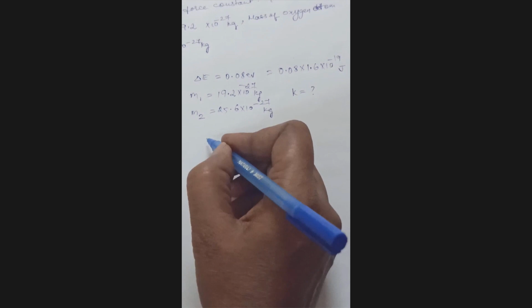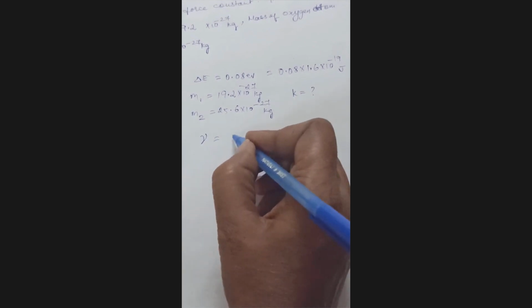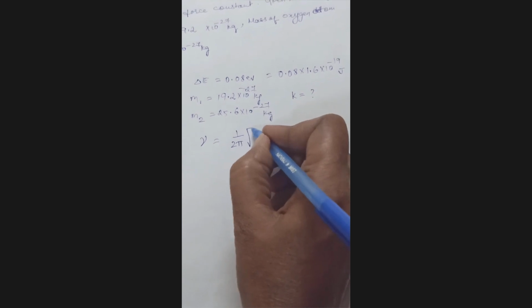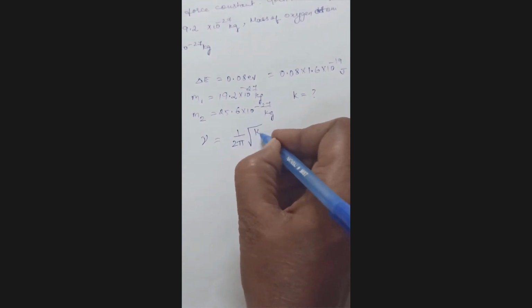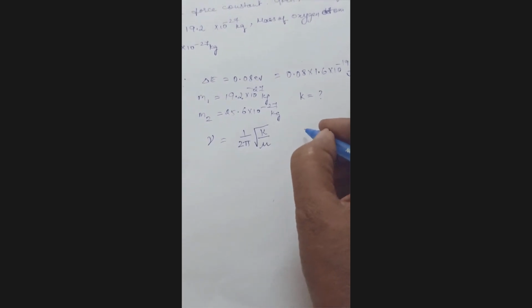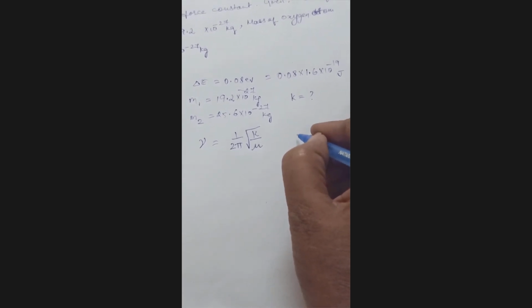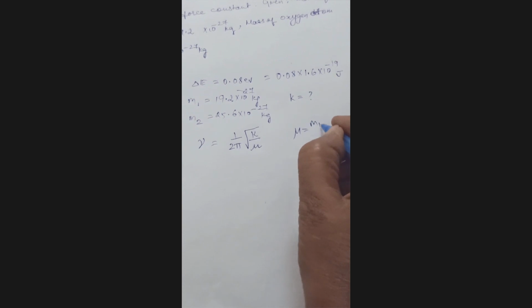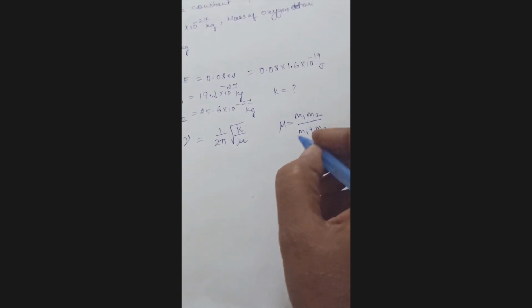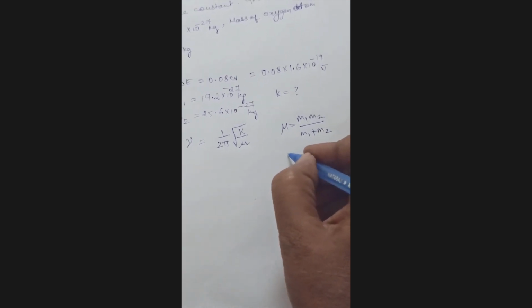Now we know the formula, nu is equal to 1 by 2 pi into square root of K by mu. Once again we can calculate what is the mu value, m1 m2 by m1 plus m2. So do the substitution.